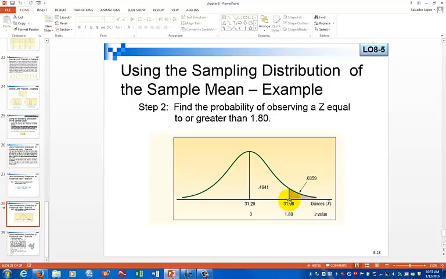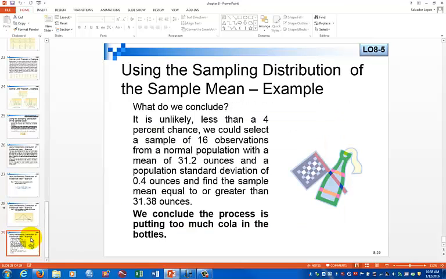To find something this far from the mean, the probability is 3.59%. In other words, the chance that you get something as large as 31.38 ounces or higher is 3.59%, which is a relatively small chance. So we conclude the process is putting too much cola in the bottles.